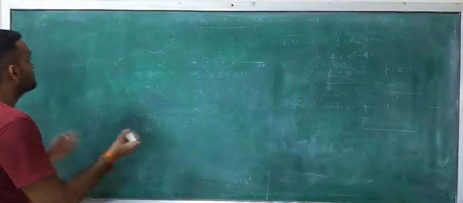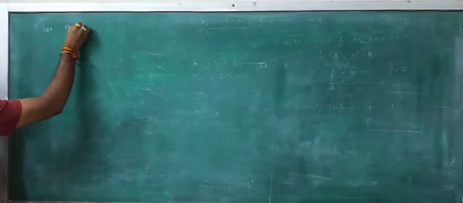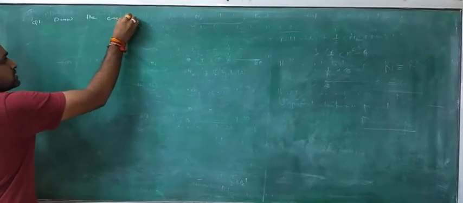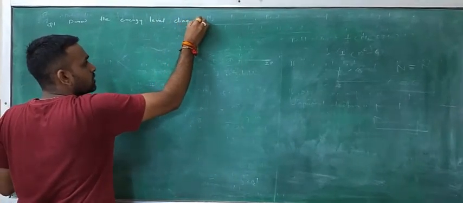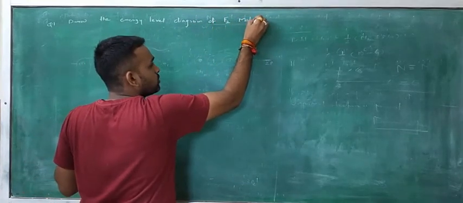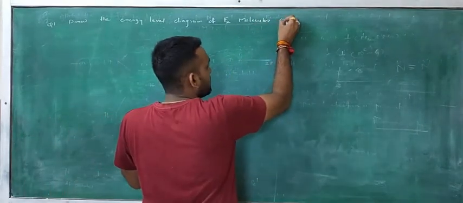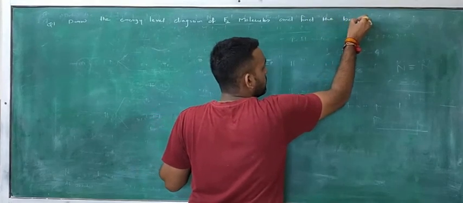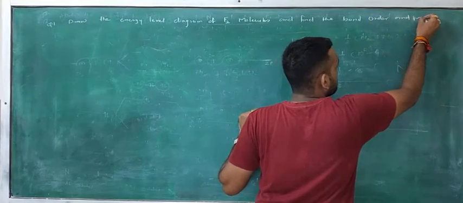Suppose somebody asks you the question: draw the energy level diagram of F2 molecule, and find the bond order and magnetic property.